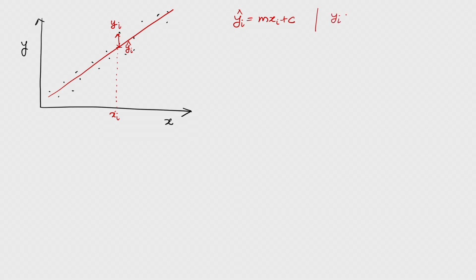I observed yi, this is observed data, and xi is also observed data. So if I make the combination here, this is the pair xi, yi, and this yi hat is simulated data.